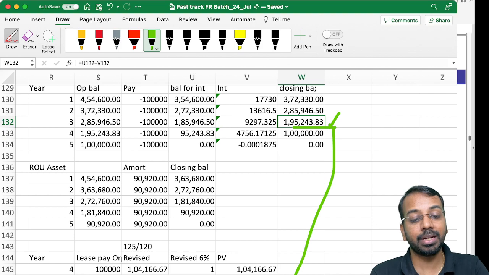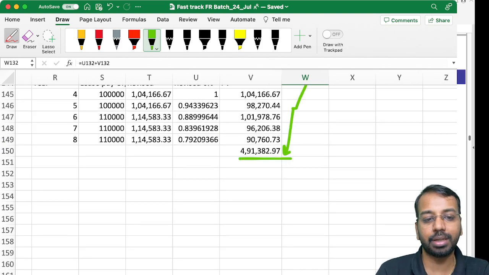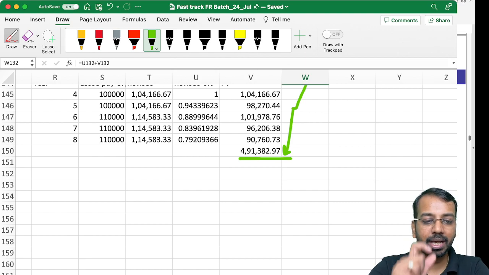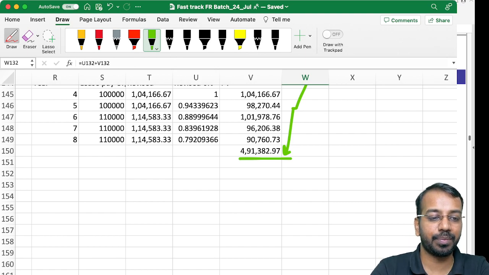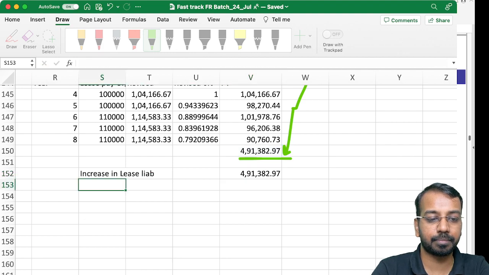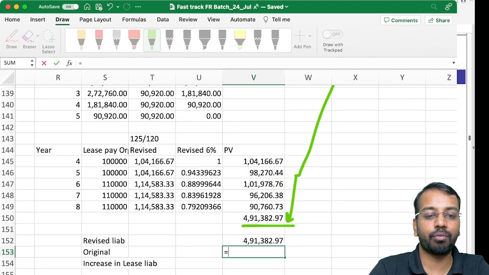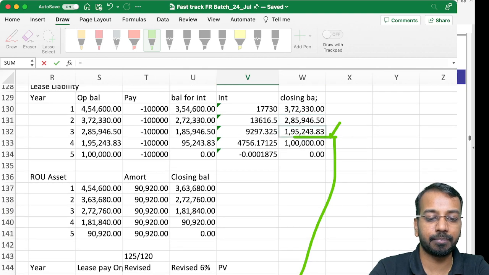On that date, I am remeasuring the lease liability and now I have got the amount of 491,382. So what you have to do is increase the lease liability. This is the revised liability, and this is the original liability, which is 195,243.